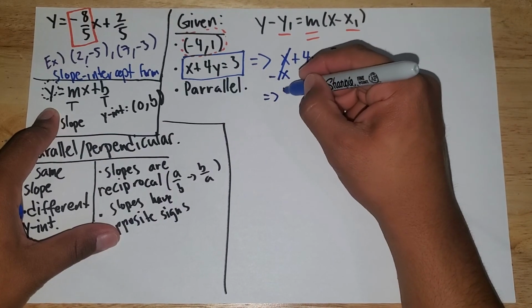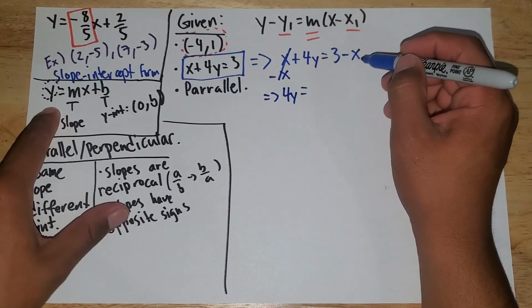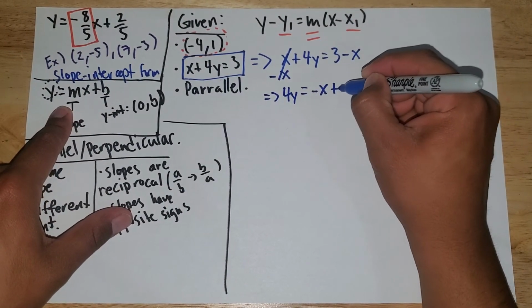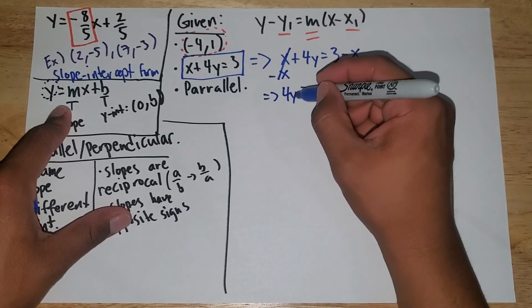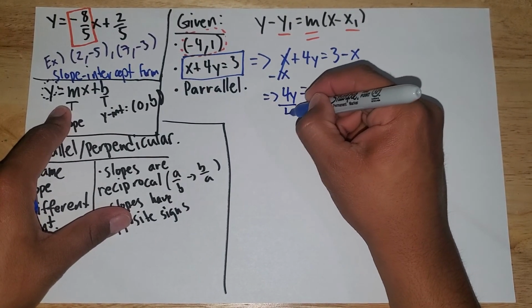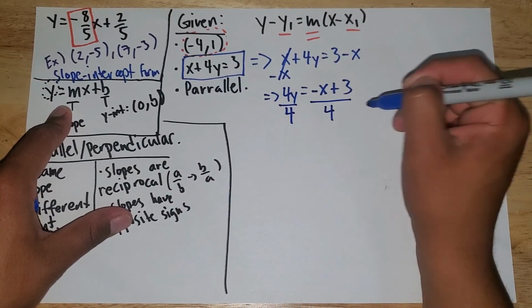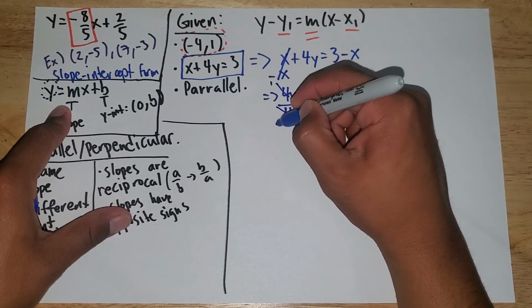That leaves me with 4y is equal to, and just to keep it in the same order, I'm going to write the x in front with a negative, and my 3 is positive. Then I'm dividing not only the left-hand side, but the entire right-hand side by 4, which simplifies the 4 to 1.